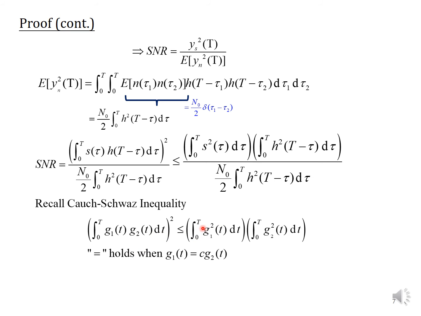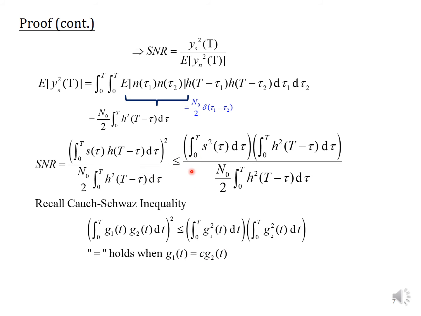So that is the Cauchy-Schwarz inequality. And the equality holds when the functions g1 and g2 are parallel, or they are just a scaling of the constant.